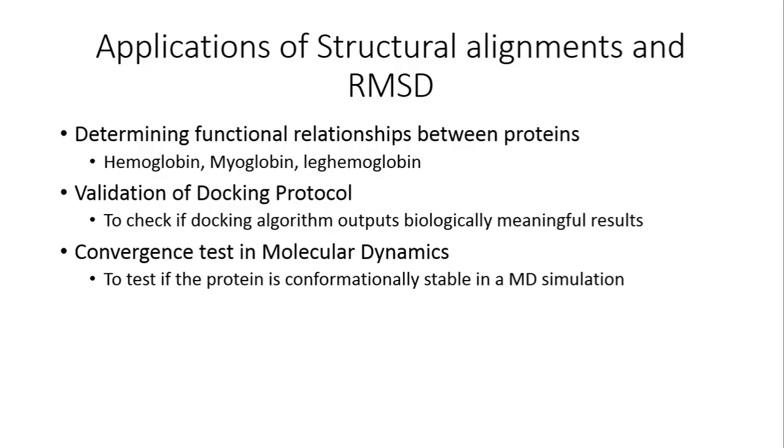The final example that we are going to discuss is the convergence test in molecular dynamics. When you perform a molecular dynamics simulation of any given protein or protein-ligand system, or simply a ligand system, at the end of the simulation you would want to test whether the system you have simulated is conformationally stable, whether it has attained stability or not.